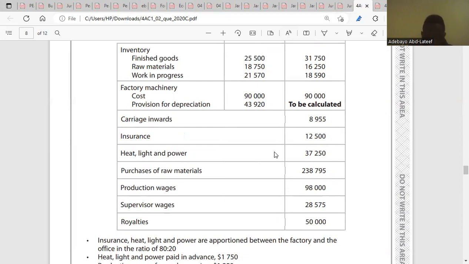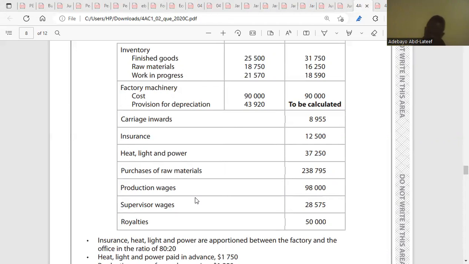Then we have the provision for depreciation to be 43,920. Cost, 90,000 minus 43,920. That's our net book value.